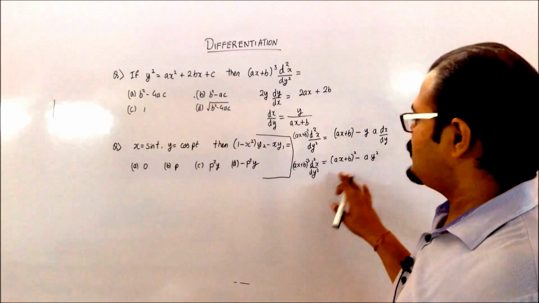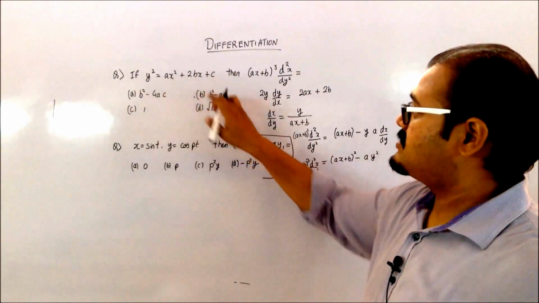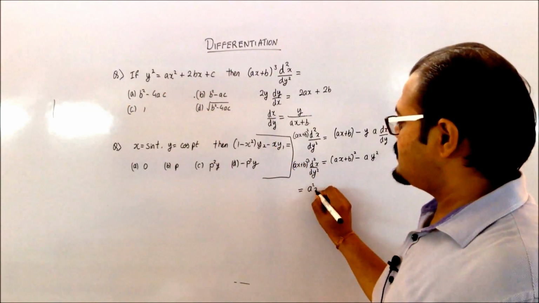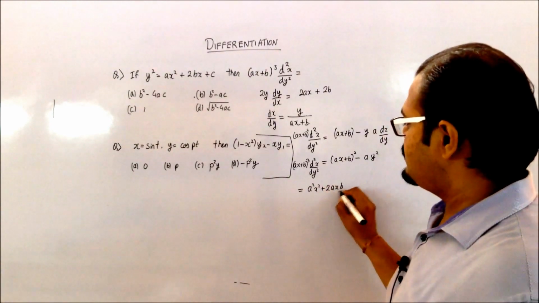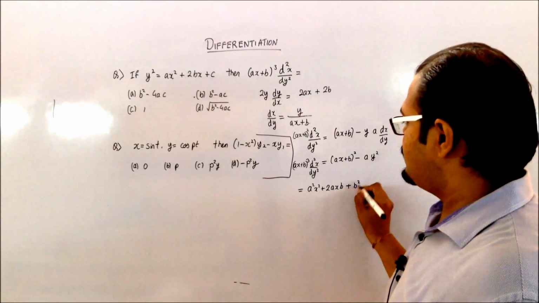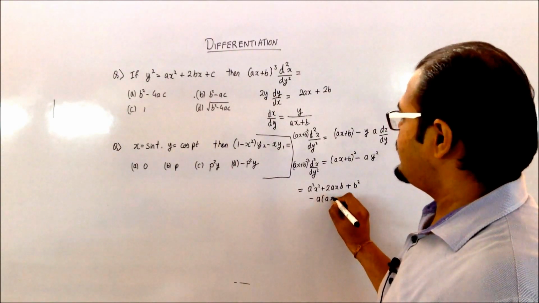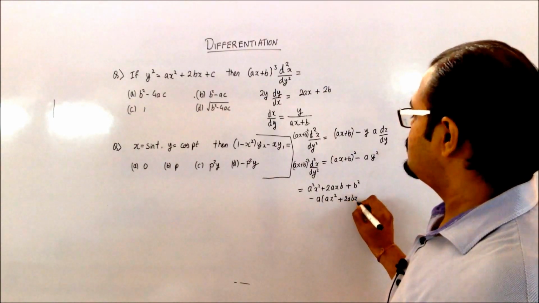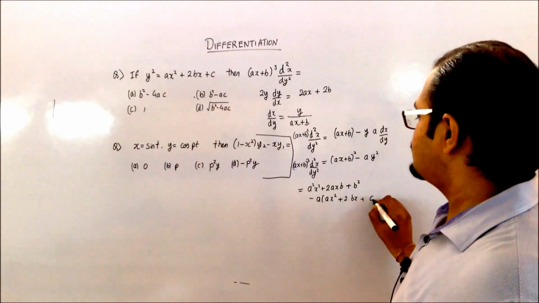So I have to basically solve this particular equation. I know that y square is the value of this. So if I just substitute and open this bracket, I will get a square x square plus 2axb plus b square minus a into ax square plus 2ab plus 2bx plus c.